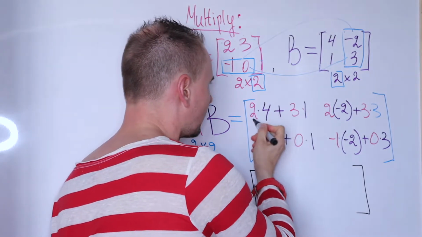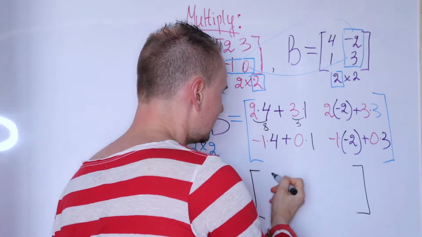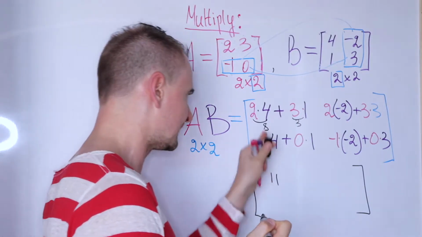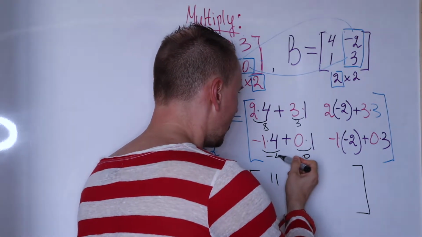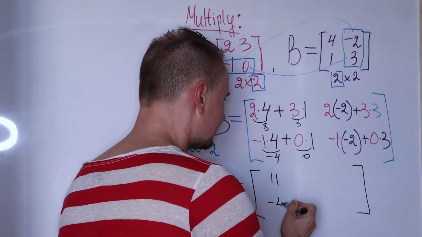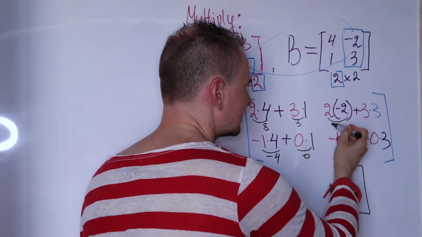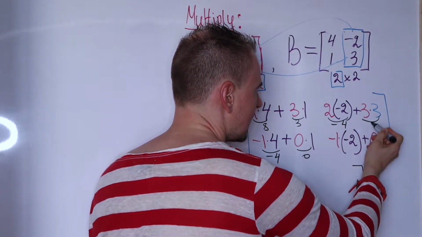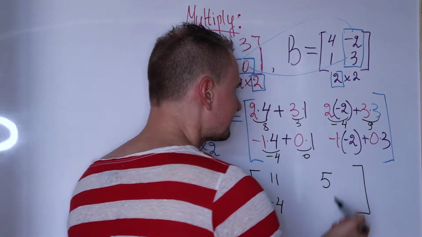So 2 times 4 gives you 8, plus 3 gives you 11, and it's going to be this element in the top left. Moving on, this is 0 and this is negative 4, leaving you with negative 4. Let's move on to this, negative 4 and plus 9, leaving you 5.